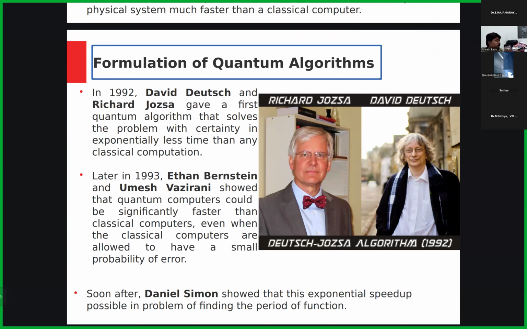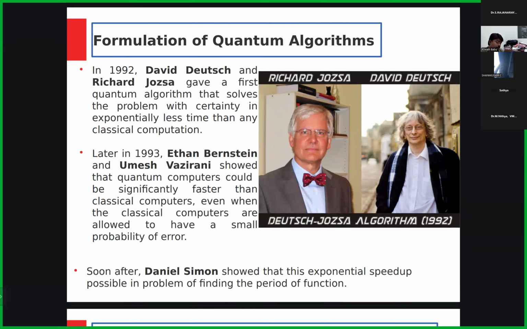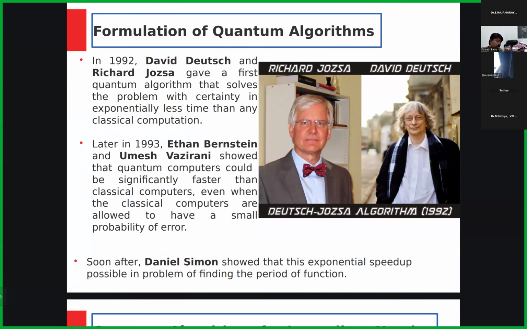Next, there are two other people, Ethan Bernstein and Umesh Vazirani. Together they gave a computing task where classical computers are significantly slow in executing it, but quantum computers were very good at doing that calculation, and even if you allow a small probability of error, that is not a big issue here.